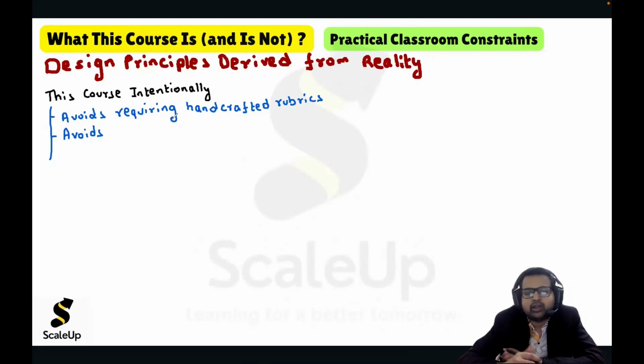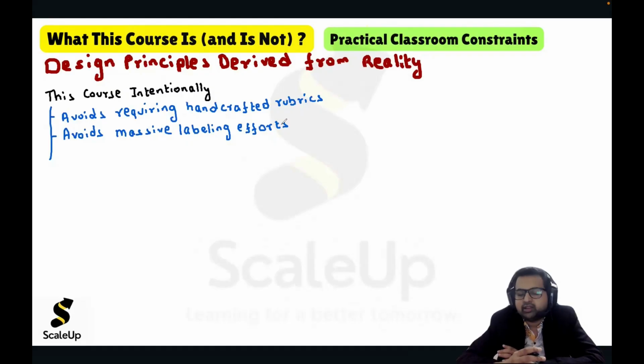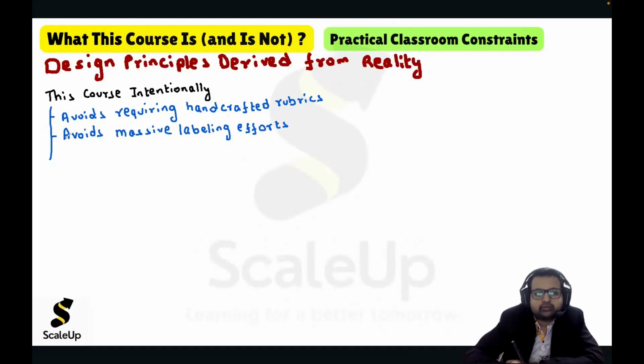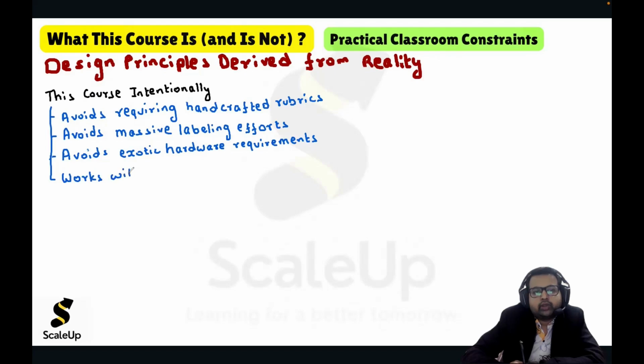Rather, it will be flexible and adaptable, and it avoids massive labeling efforts. Actually, we won't be needing a huge data set. Only near domain data is sufficient. The AI grading system we'll be making avoids exotic hardware requirements, and it works with existing historical data.